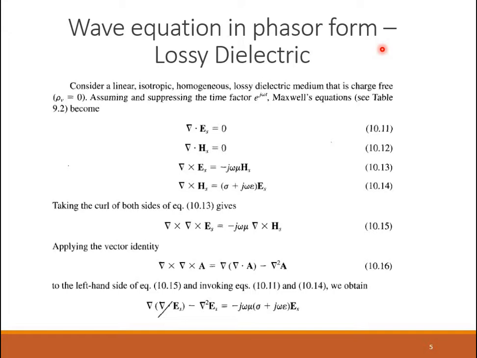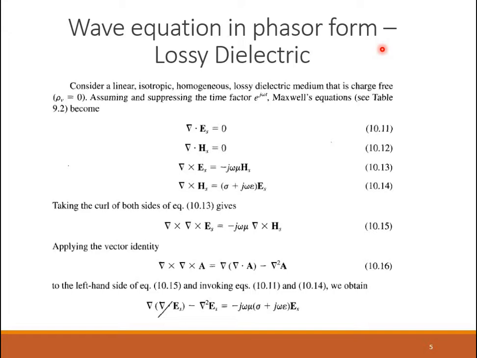Another name for a lossy dielectric is an imperfect conductor or an imperfect dielectric. That means it is a partly conducting medium where sigma is not equal to 0, epsilon is equal to epsilon r epsilon naught, and mu is equal to mu r mu naught. These are things discussed in lecture 2.